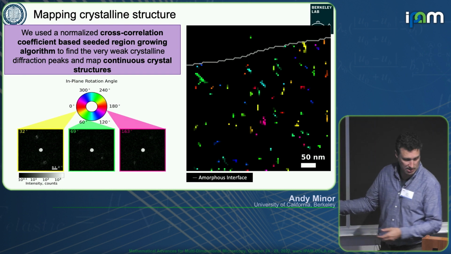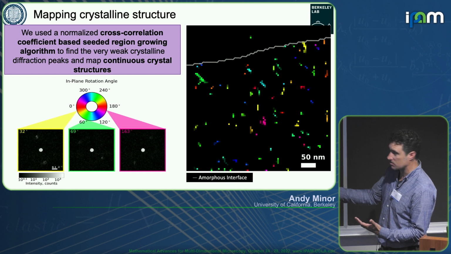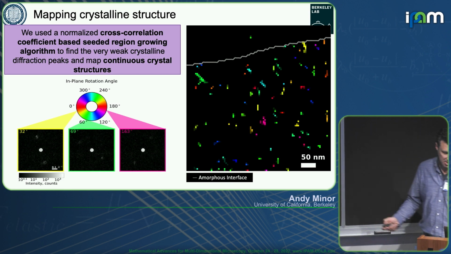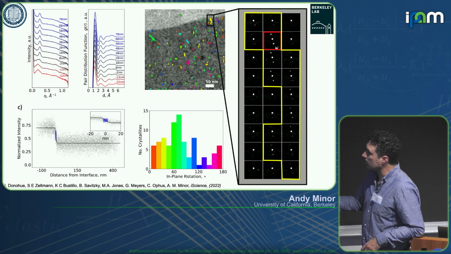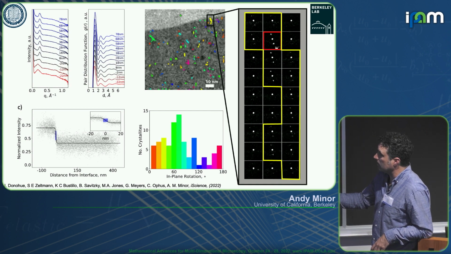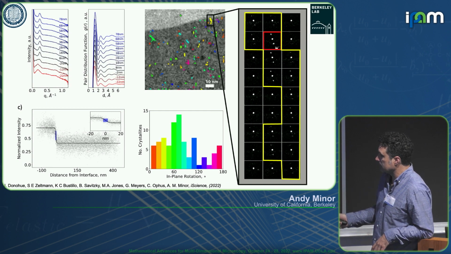The interface is right there, and you can say, well, is there some difference in the crystallinity near that interface? In this case, there really wasn't. You can overlay it here on a grayscale of the different structures. You can get a lot of information here. A lot of this is basically showing us there isn't much difference between anything at the interface and anything far away.